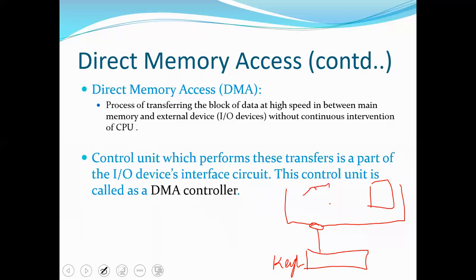There is an interface circuit which is connected to this port, and in the interface circuit there is something called the DMA controller. So the DMA controller is controlling the operation of direct memory transfer between the keyboard and the memory, without the intervention of the processor.